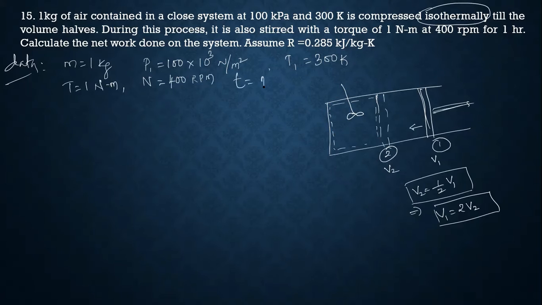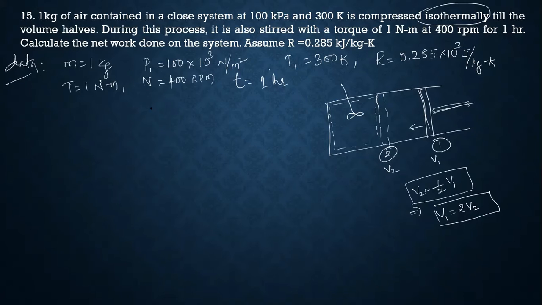That means time is 1 hour, that is small t. Calculate the net work done on the system. Assume R is equal to 0.285 × 10 to the power of 3 joules per kg Kelvin. I'm writing it in basic unit to get the answer in joules.